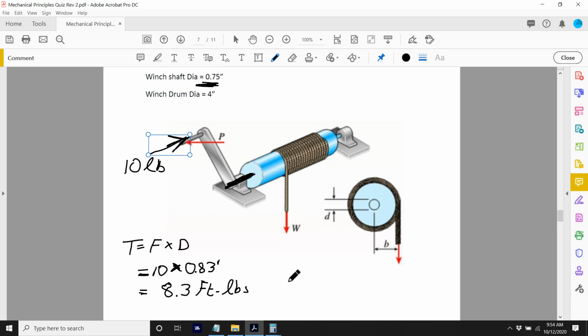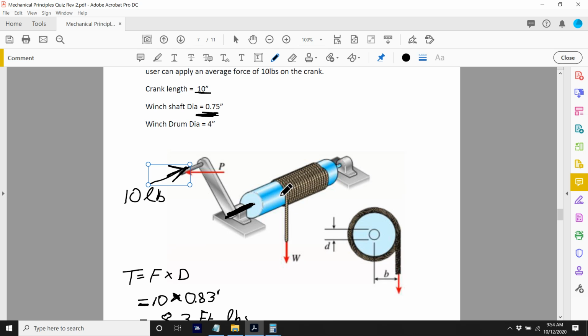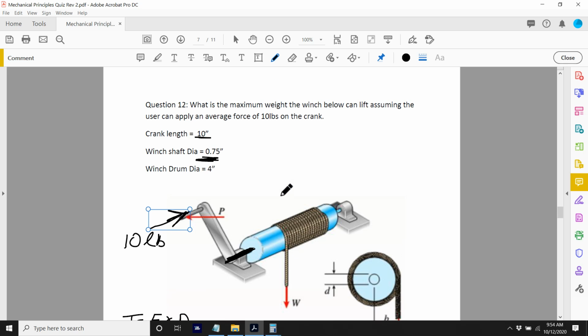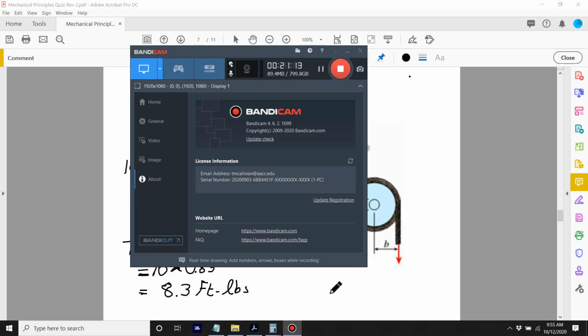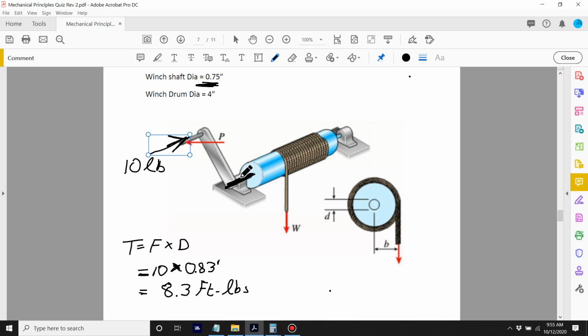Now, just bear with me here. So this crank is providing a torque on that whole winch of 8.3 foot-pounds.